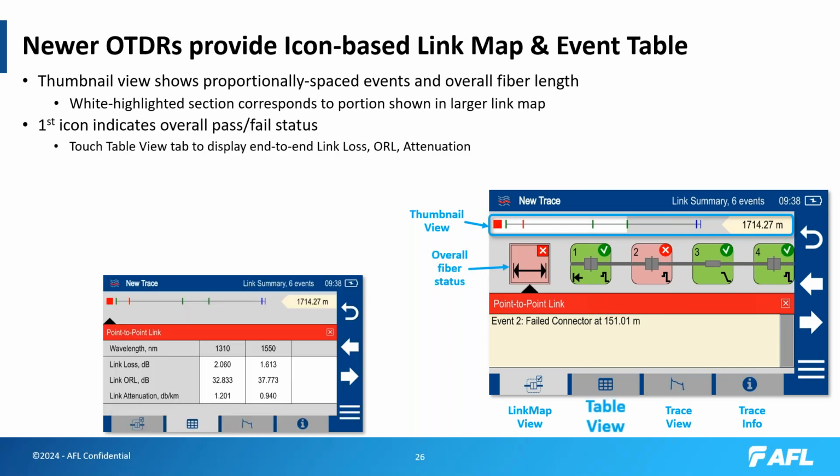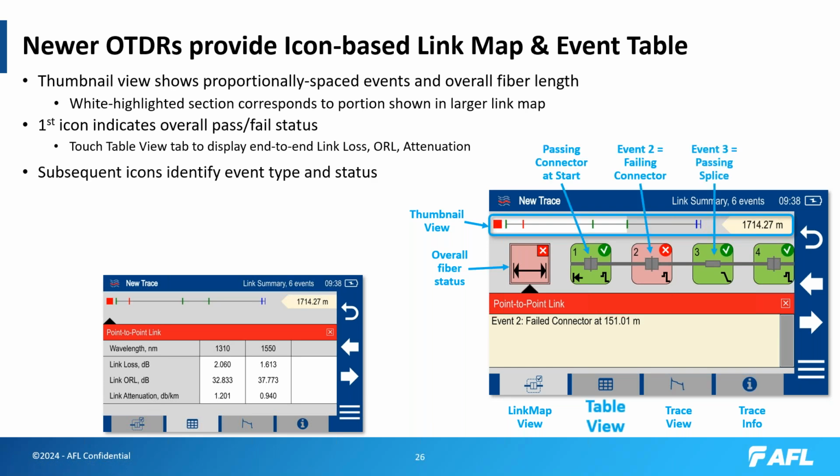The first icon is our overall fiber status, and then subsequent icons identify the type, number, and pass-fail status of the events detected in the network itself. By selecting our table view, if the summary icon is selected, we get our link loss, our link ORL, and our loss per distance for the entire network.